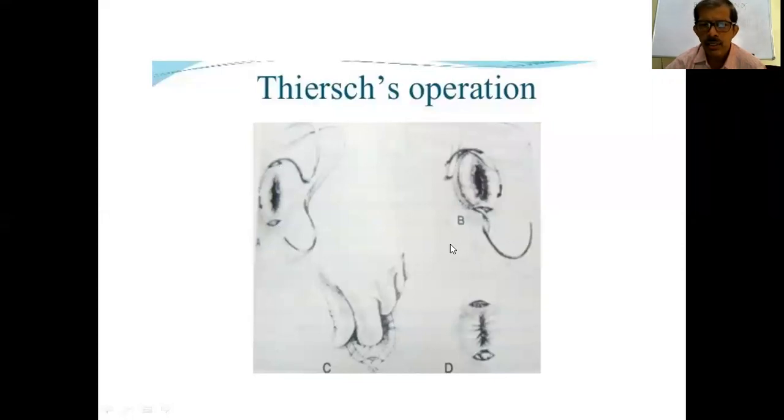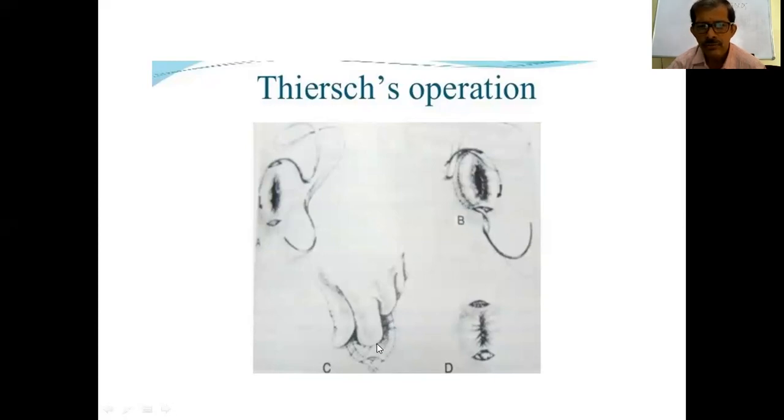Both ends are brought together, and then you introduce your index finger into the rectum and ask the assistant to tie it around the index finger.